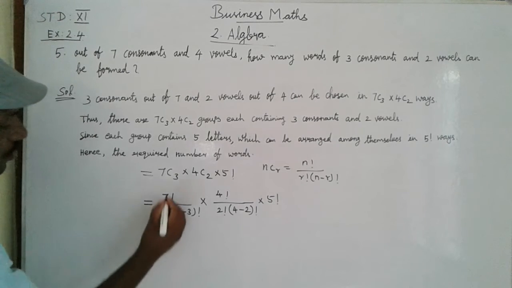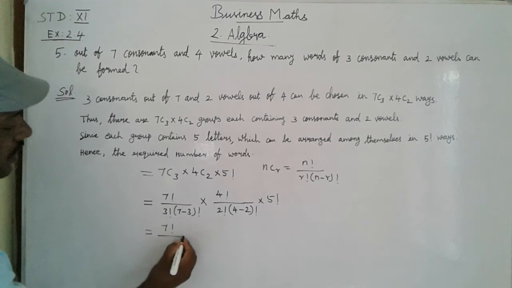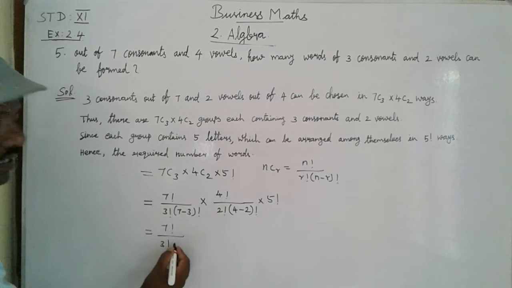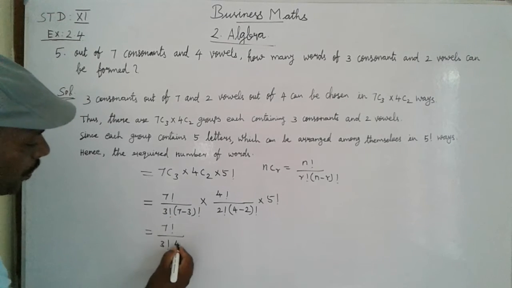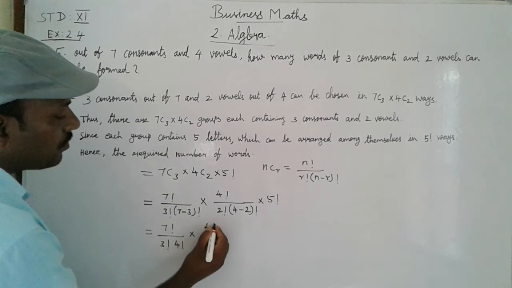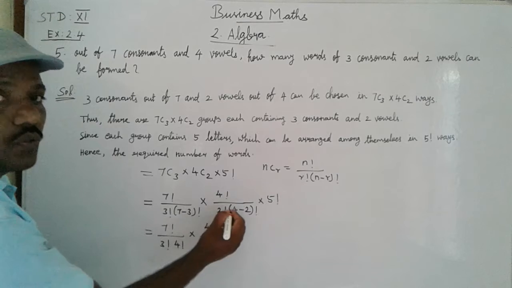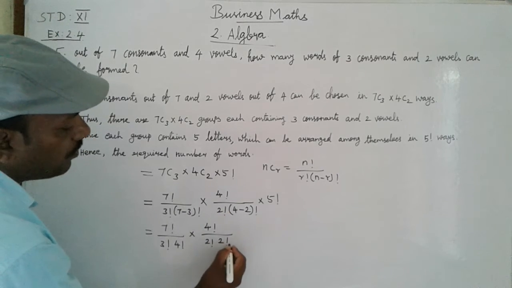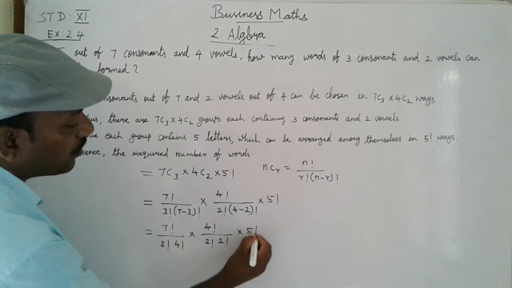That is equal to 7 factorial divided by 3 factorial. 7 minus 3 is 4 factorial into 4 factorial divided by 2 factorial. 4 minus 2 is 2 factorial into 5 factorial.